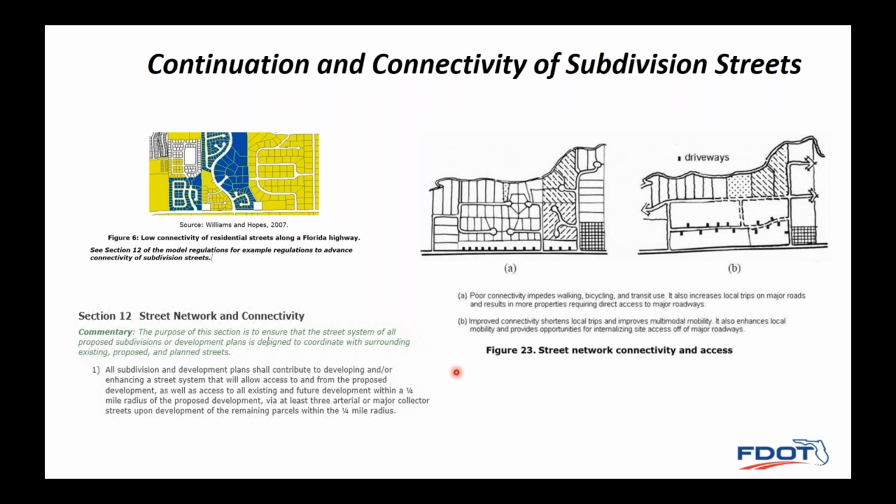But basically saying when the development comes in that they're going to look at access and network and connecting their network for a quarter-mile radius around that development to the extent possible. And there are a number of other regulations in that section that kind of lead toward improved street network and connectivity that you can look at.